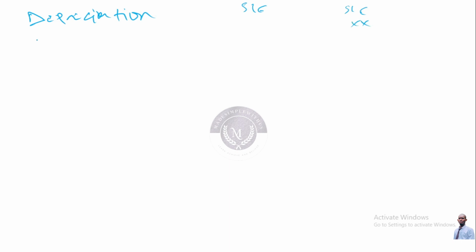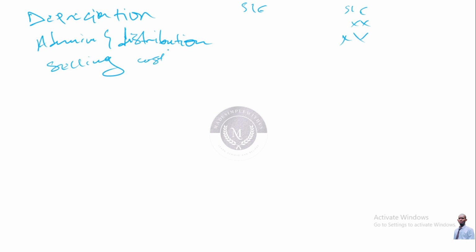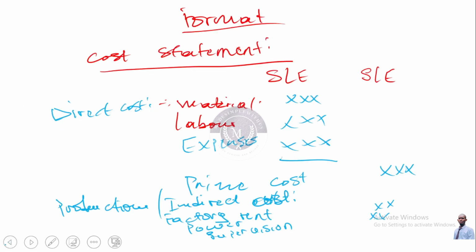We also talk about our admin and distribution, selling and distribution cost. So all of this combined gives us what?